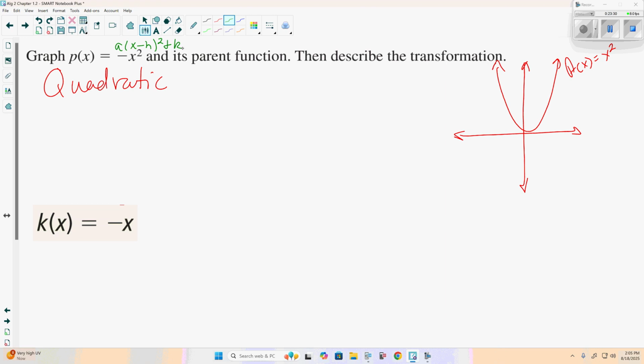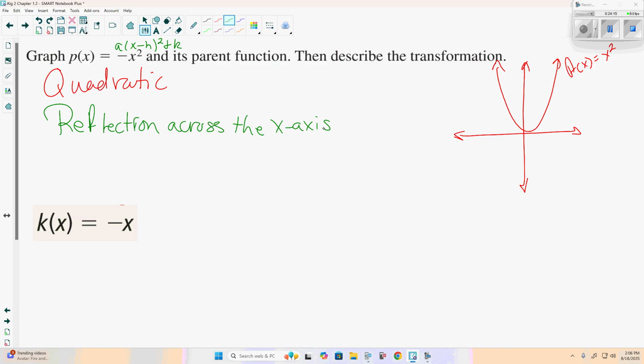Since a has that negative, we have a reflection across the x-axis. That is the transformation.